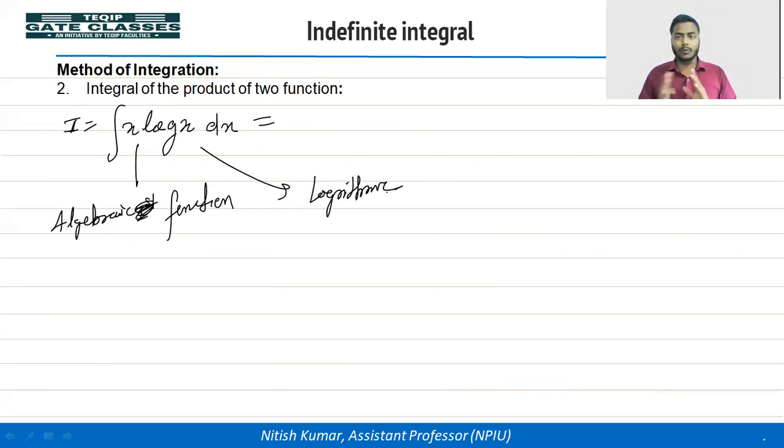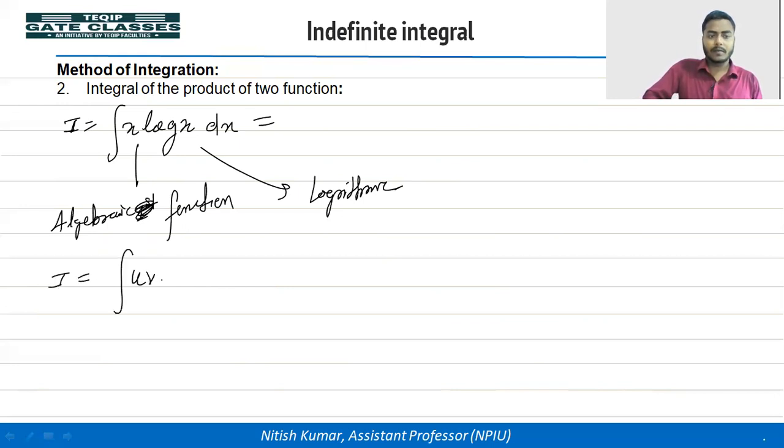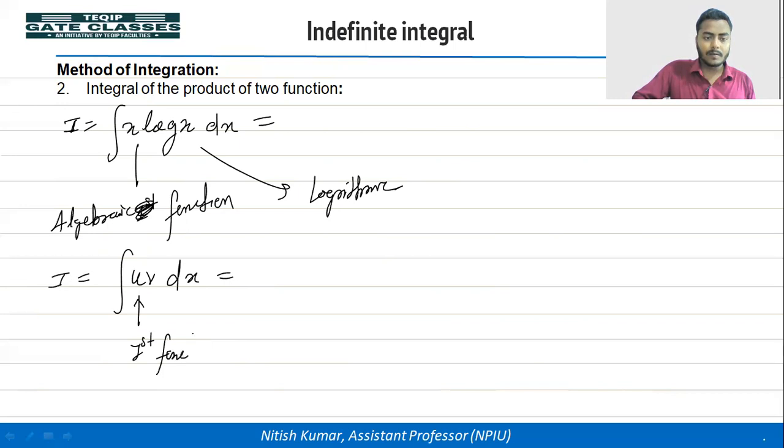So when two different types of functions are in multiplication, how can we solve? This is the general form: integration of u v with respect to x. There is a proof also, but I am writing the formula directly. Suppose u is the first function and v is the second function.